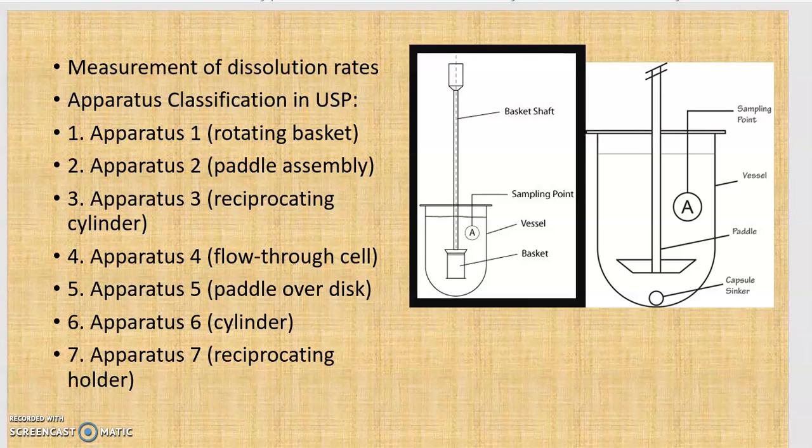Currently, you need to be aware of the first two official apparatus, and like I said, apparatus 1 in USP is labeled as apparatus 2 in Indian Pharmacopoeia, whereas apparatus 2 is labeled as apparatus 1. So in Indian Pharmacopoeia, the paddle dissolution assembly is the apparatus 1 and the rotating basket is apparatus 2.